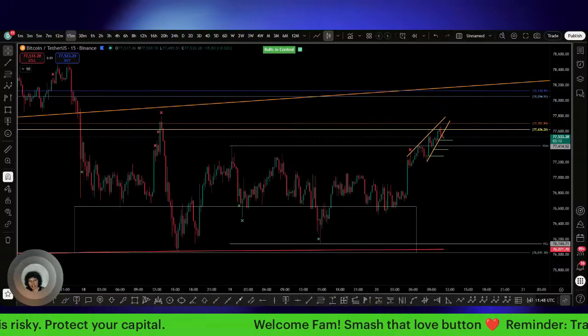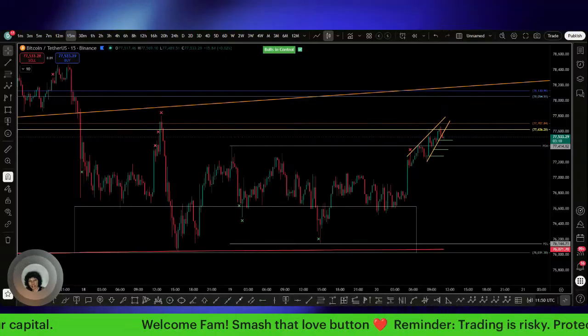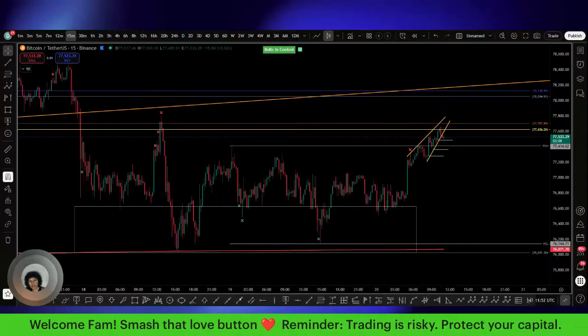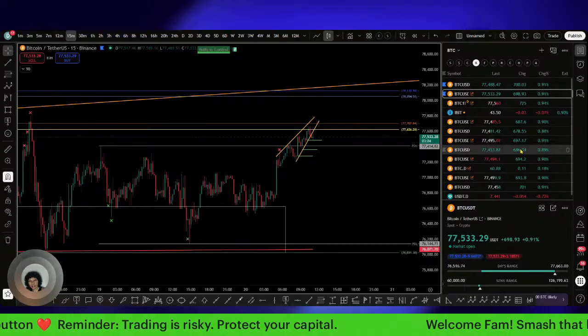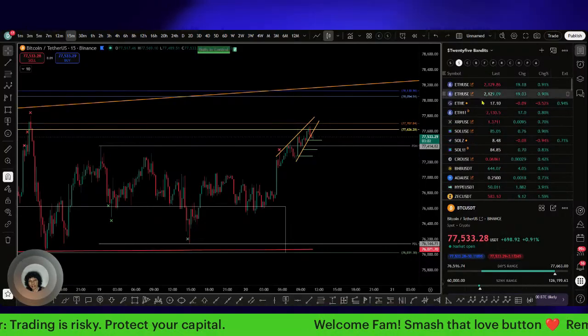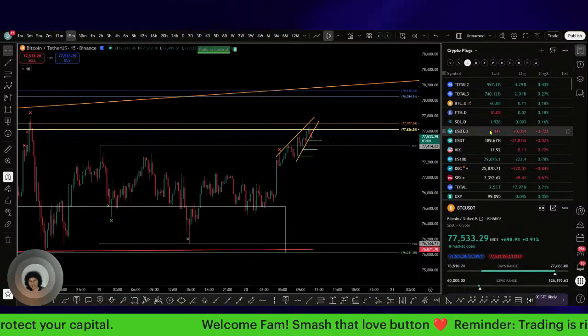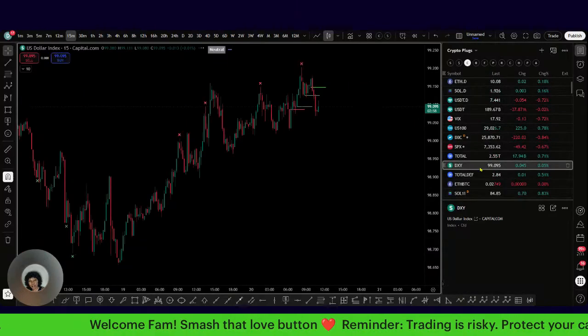Know who I haven't looked at in a long time is DXY. I have not looked at DXY in forever. Haven't had a reason to. It's really just been sideways. Just sideways, DXY.